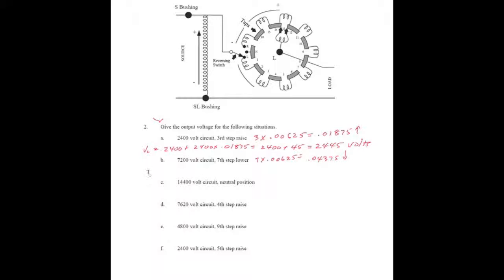So the voltage of the load then is equal to 7200, and it's lowering now, so we're going to subtract 7200 times 0.04375, and that equals 7200 minus 315, for a grand total then of 6885 volts.